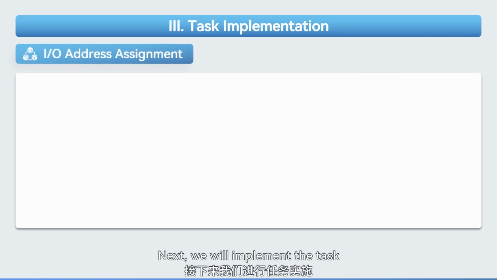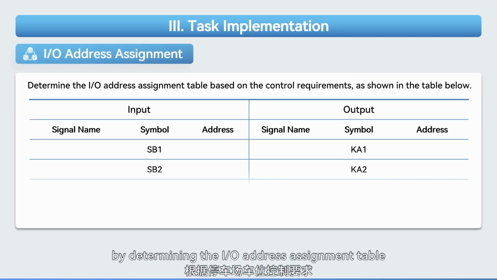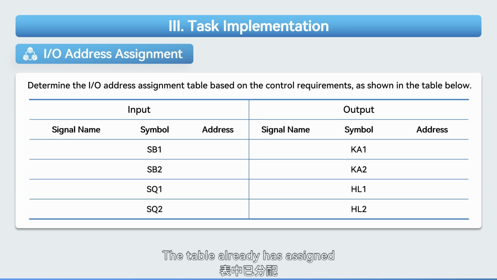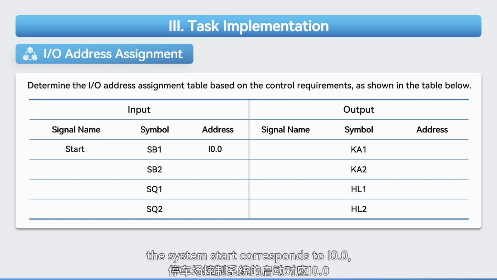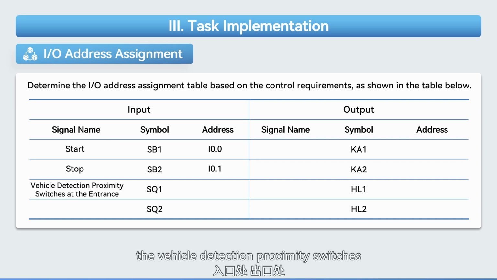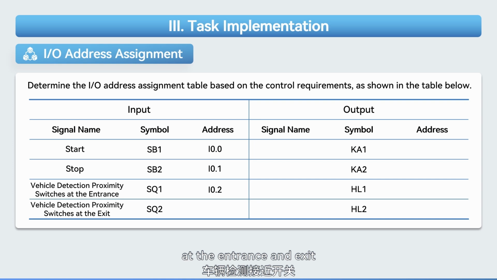Next, we will implement the task by determining the I/O address assignment table based on the parking space control requirements. The table already has assigned input and output addresses. The system start corresponds to I0.0, the stop corresponds to I0.1, the vehicle detection proximity switches at the entrance and exit correspond to I0.2 and I0.3, respectively.